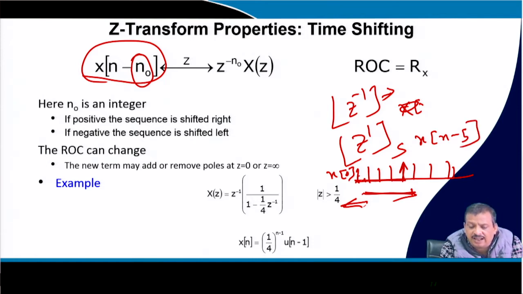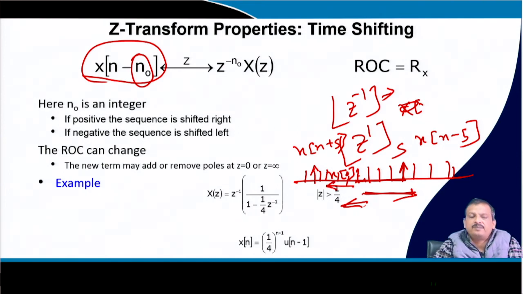When I go to the other side, which is negative, the fifth sample becomes x(n plus 5). So n0 is positive when I shift to this side, and negative when I shift to the other side.